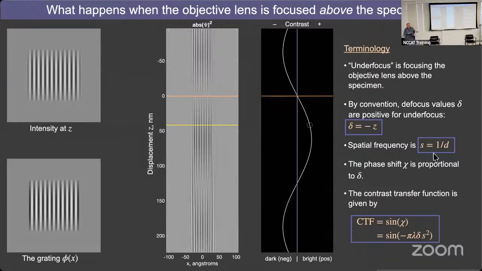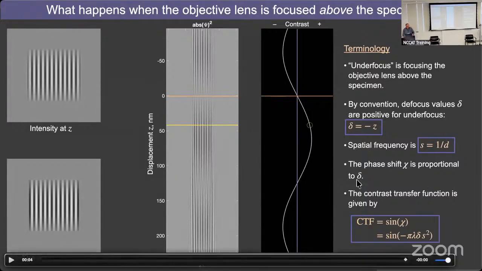The other thing that we can do is talk about a grating with periodicity d, and I'm going to say that this quantity, spatial frequency, is just the reciprocal of that. So a grating of 5 angstroms means I'm looking at a spatial frequency of 0.2 inverse angstroms.